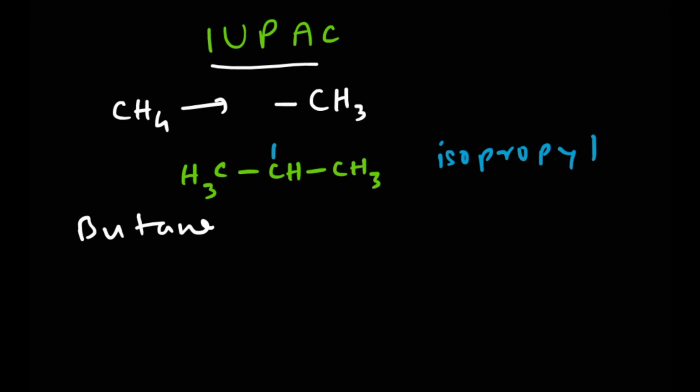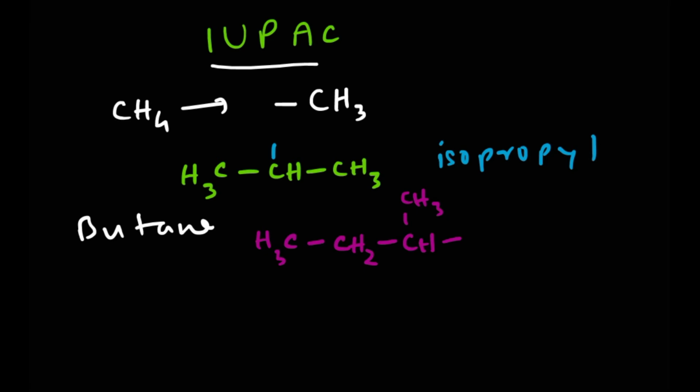First let us see this compound. If this compound is observed as a branch in the parent chain, how do we name this substituent? There are 4 carbons, so it is coming from butane, and this group is known as the secondary butyl group.